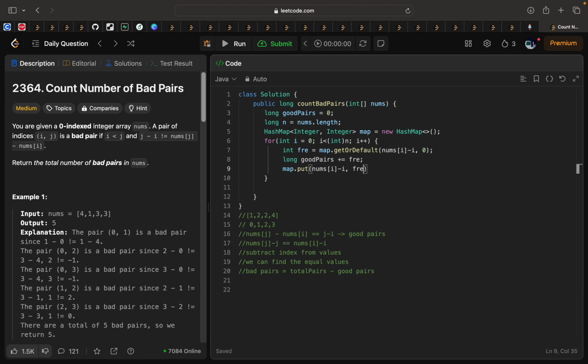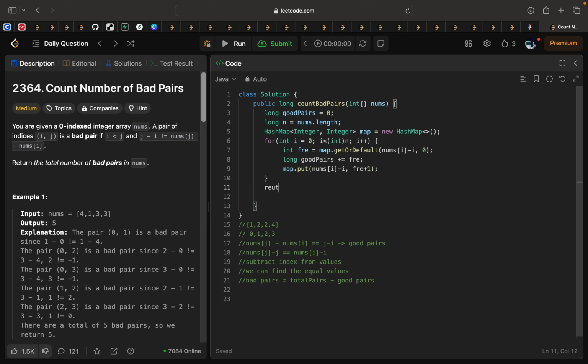So this will be the frequency and we will increment its frequency, and at the end we can return the total number of pairs minus the number of good pairs. So the total number of pairs will be n into n plus 1 by 2, minus good pairs.